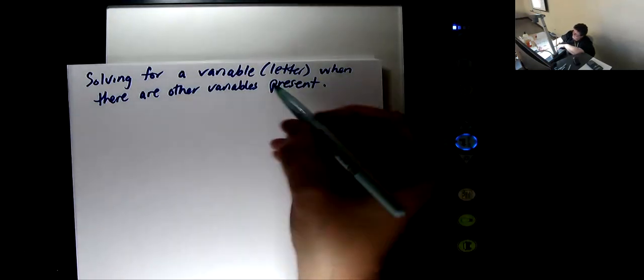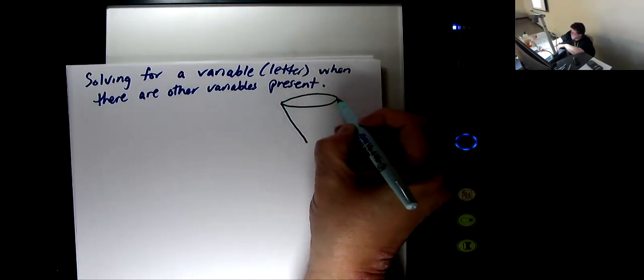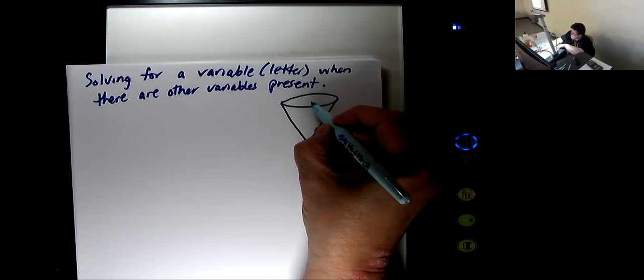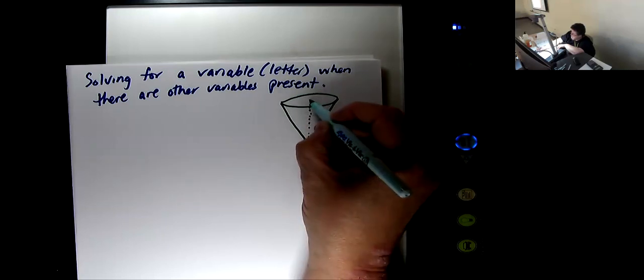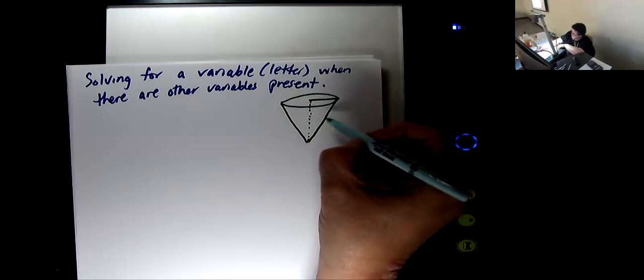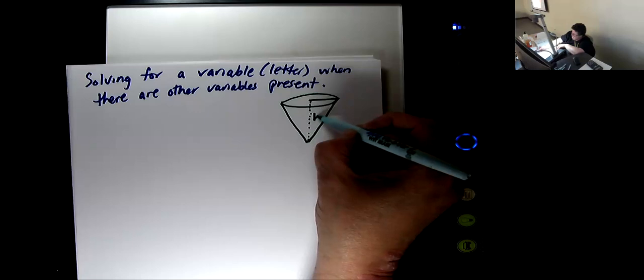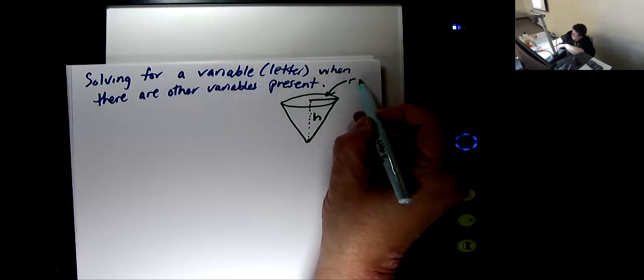So the example I'm going to give you is a cone. A cone's got this shape, the cone's got a height of h. The circular end has a radius of r.